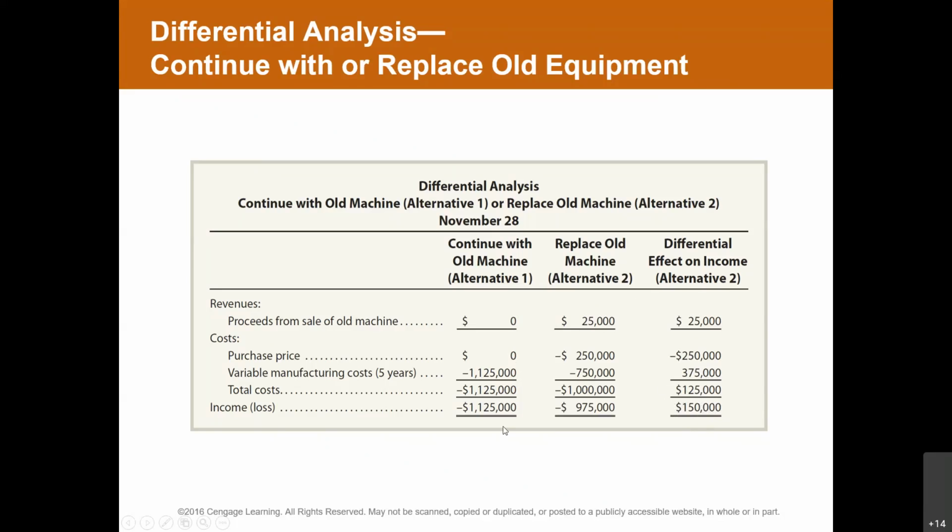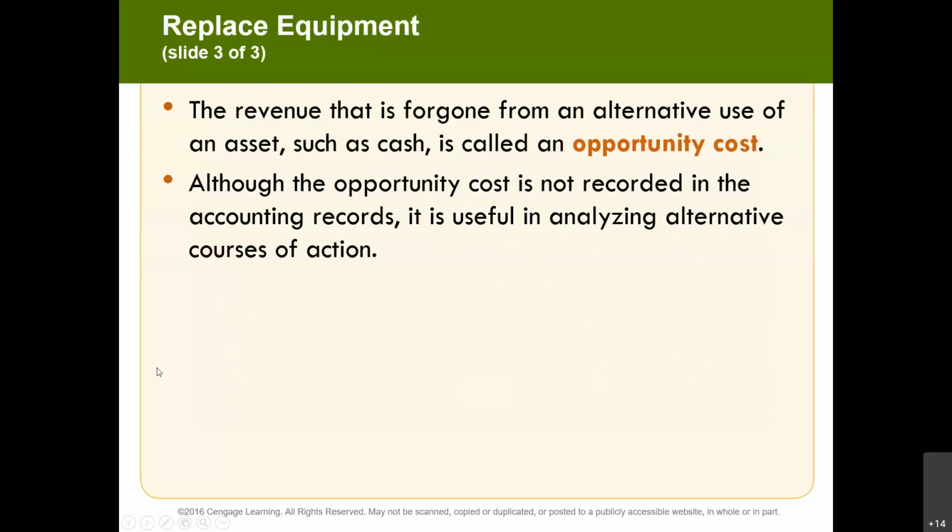Gotcha. Awesome. Cool. It's a good concept. So the revenue that is foregone with the alternative in any decision that you make, and we talked about this, I want to say in like chapter 16. I think it's the first time you probably heard this.